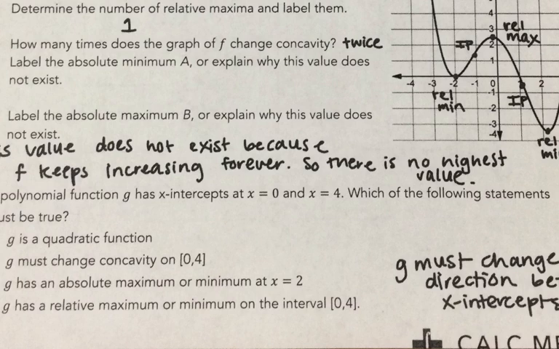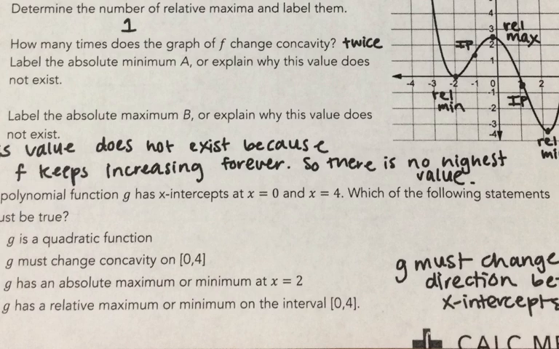And the last one, G, there's a relative maximum or minimum on the interval. Well, if you think about every example I've drawn right here, this has a relative maximum. This one has a relative maximum, and it also has a relative minimum on 0 to 4.